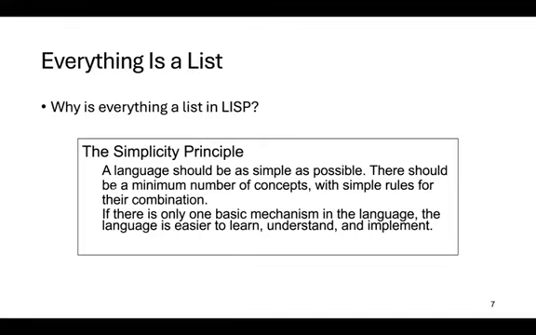If there is only one basic mechanism in the language, it is easier to learn, understand, and implement. So that's why everything is between parentheses. Everything is treated as a list of items. You apply functions on things. You don't have iterations. You don't have conditions. You don't have different types of things. Everything is just a list in Lisp, to make things simpler and to follow the simplicity principle.